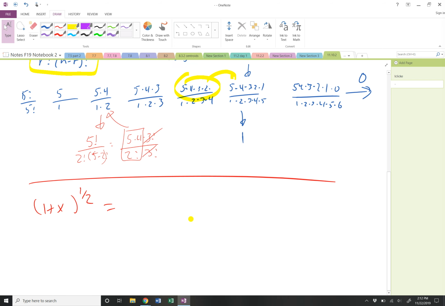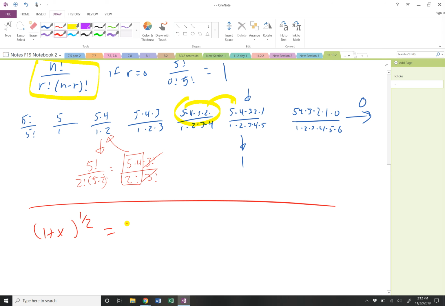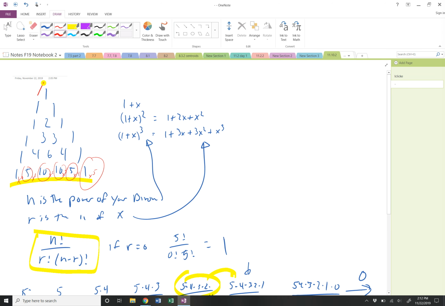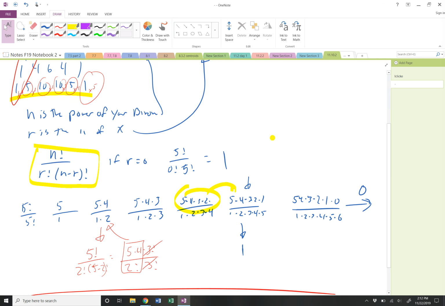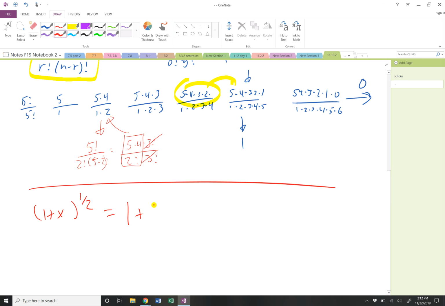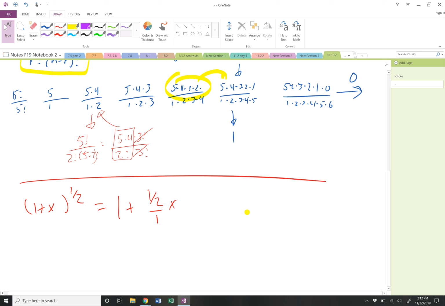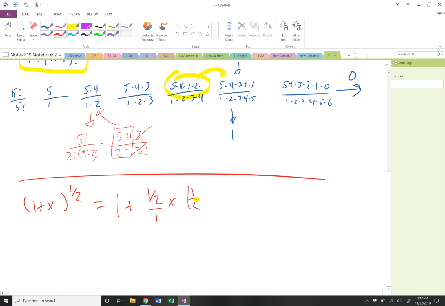So let's try this. First term is 1. The first coefficient is always 1. So first term is 1 plus, and then I have my power, which is 1/2, divided by 1 times x. And then I have my power times 1 minus my power over 1 times 2, times x squared.